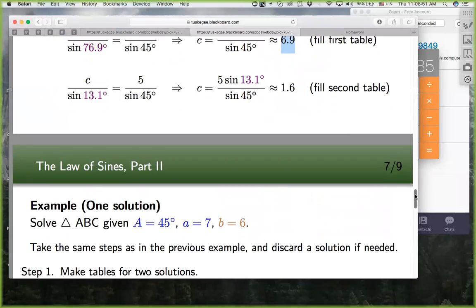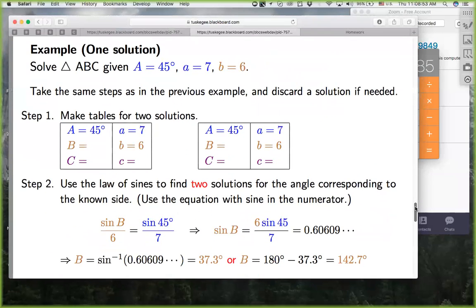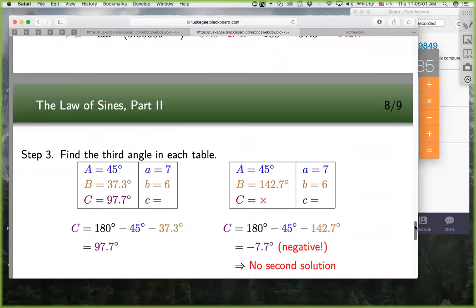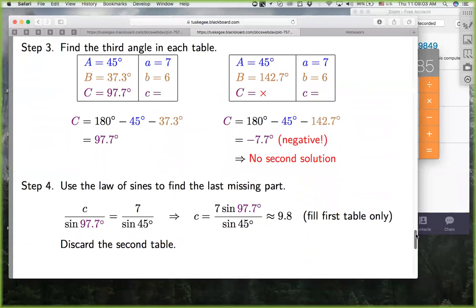And sometimes you may have just one solution. And there are many reasons you should have just one solution. The reason why you can't have two solutions here is that after you get this second angle, see 142.7, the first angle 45, you notice that the sum of these two angles is more than 180.